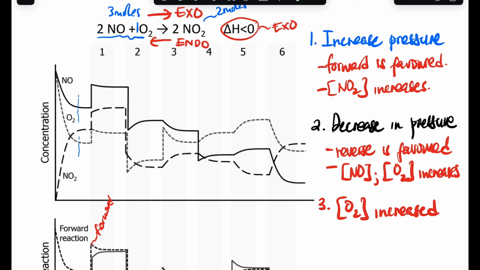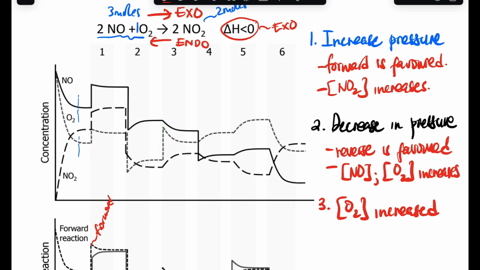The system responded by decreasing it, and it decreases the nitrogen oxide and increases the nitrogen dioxide. Look at the nitrogen dioxide, it has increased, but the reactants, the system responded by decreasing them after there was an increase, which is the disturbance.